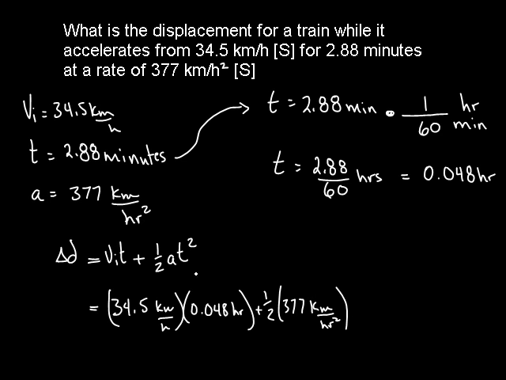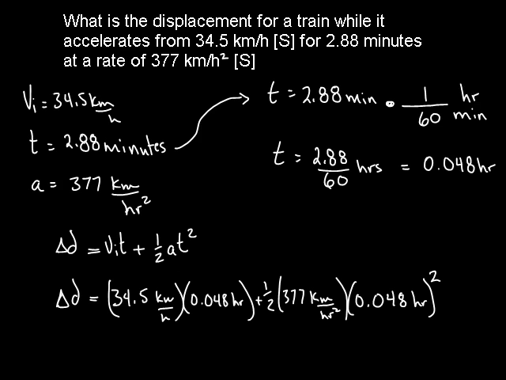And so now multiply by t squared, so our time is 0.048 hours. Okay, and probably the most common mistake is forgetting to square this value right here. So forgetting that squared is probably the most common error I see students doing. And all that is going to equal our change in position.